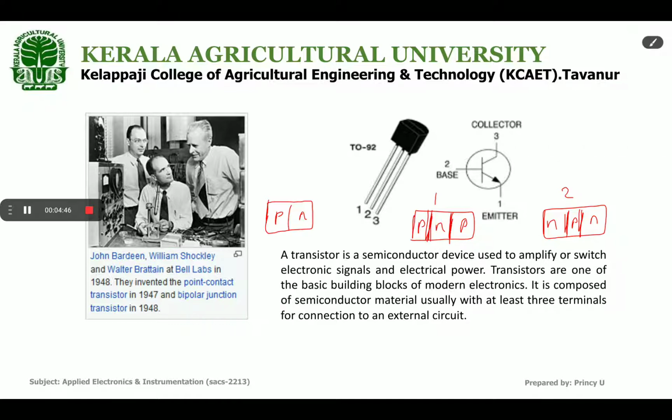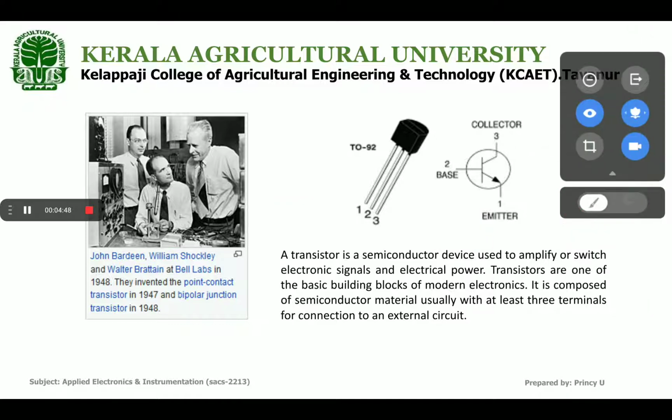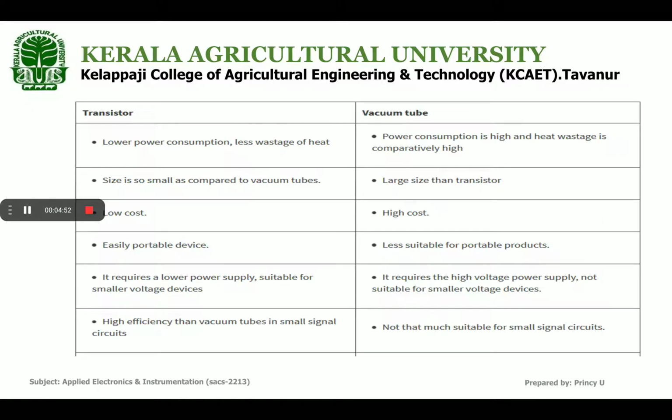Let us see the advantages of the transistor over vacuum tubes. Let us compare the transistor and the vacuum tube. Transistors have lower power consumption as compared to vacuum tubes, and they are small in size.